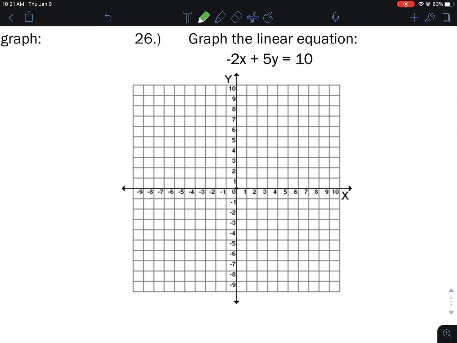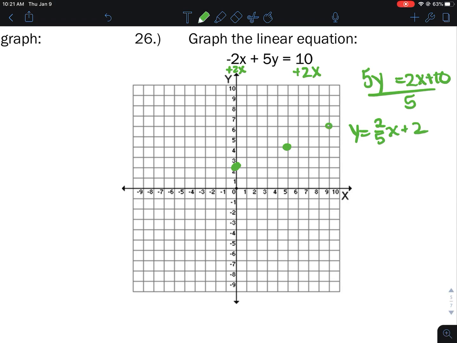Okay, graphing this linear function. So I'm going to solve for y just because we haven't done it on here yet. So if I add 2x to both sides to 0 out the x, 5y equals 2x plus 10. Divide everything by 5. I'm going to start at the 2, and then I'm going to go up 2 over 5, up 2 over 5.